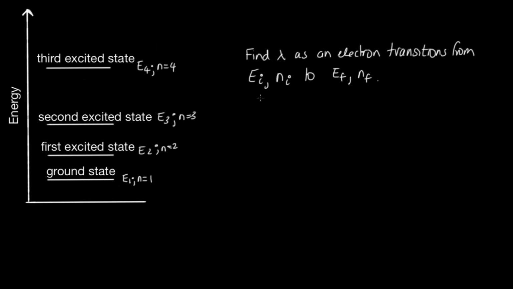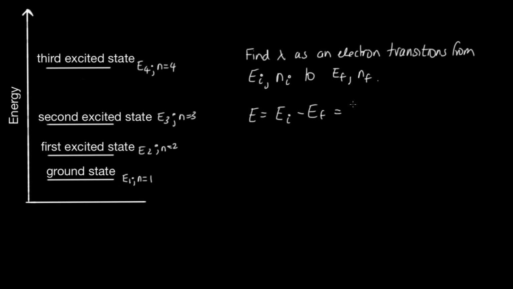Okay, so the energy of the photon is equal to the difference in energy between the two states. It's losing this energy, so it's E initial, the higher energy, minus E final, the final lower energy.